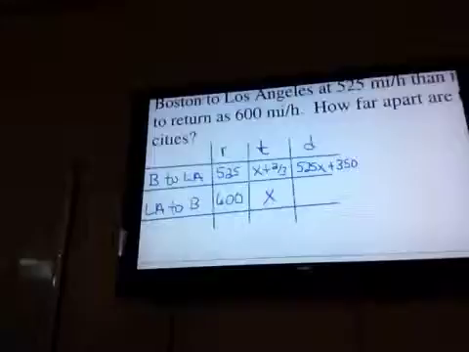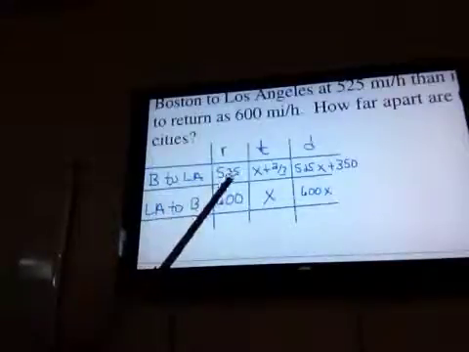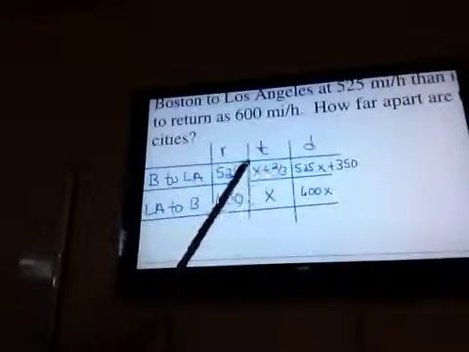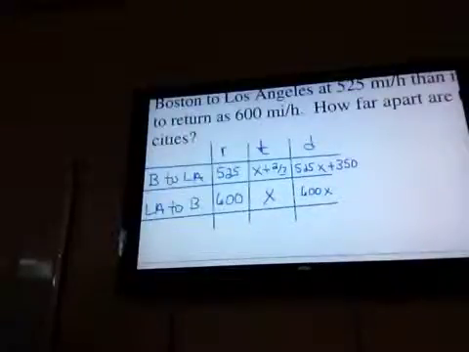It does not work out to a whole number. And then 600x. So my distance box is always the product of rate and time. So when I multiplied 525, I distributed to my time and got 525x plus 350.